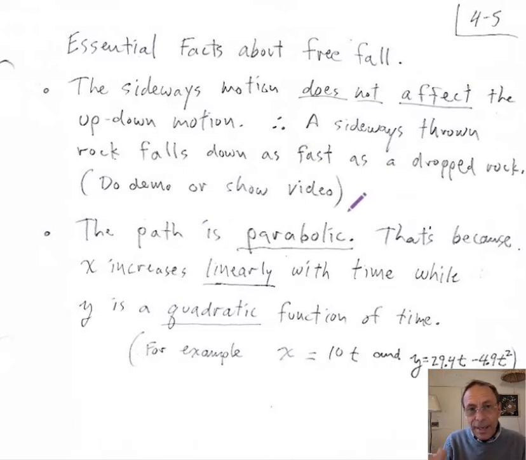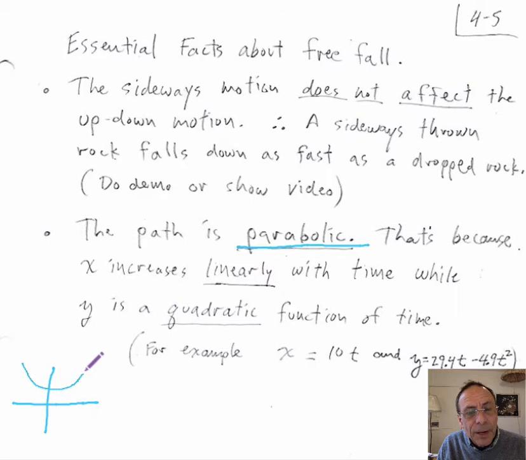And after this video, in my playlist, there's some videos that come after that illustrate that. The next thing is that the motion, the XY motion of the rock is a parabola. And you're used to parabolas that look this way. This would be a parabola. And to make a parabola like this, you have maybe y equals x squared.